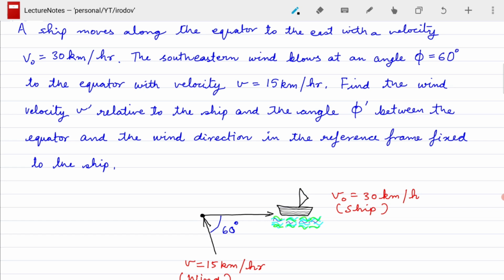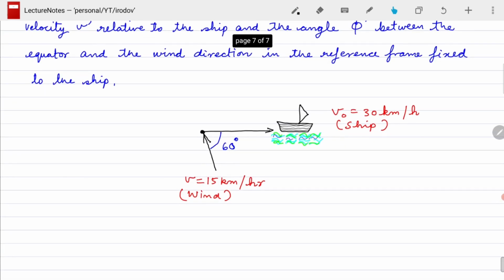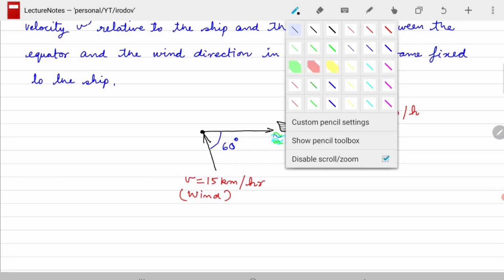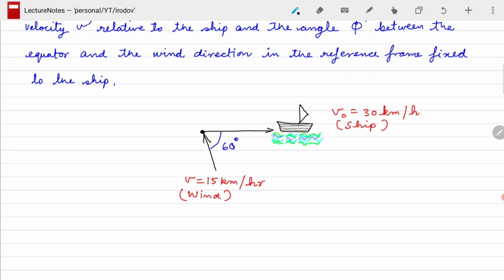So we have a ship which is moving 30 kilometers per hour in the east direction along the equator. This vector here is the velocity vector V0, the direction in which the ship is moving, and the wind is a southeastern wind.